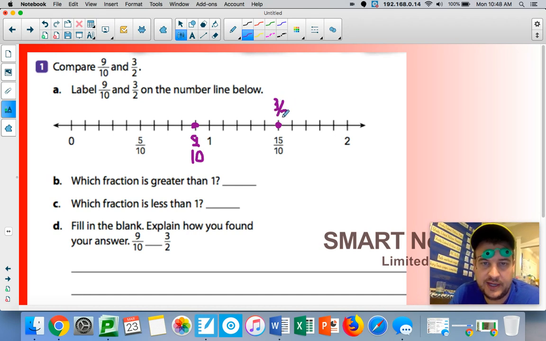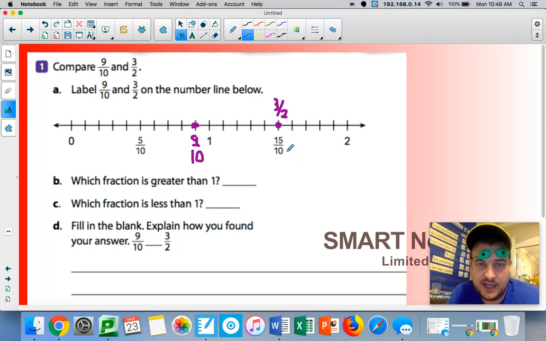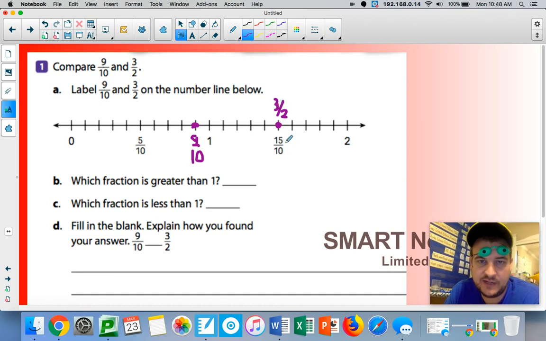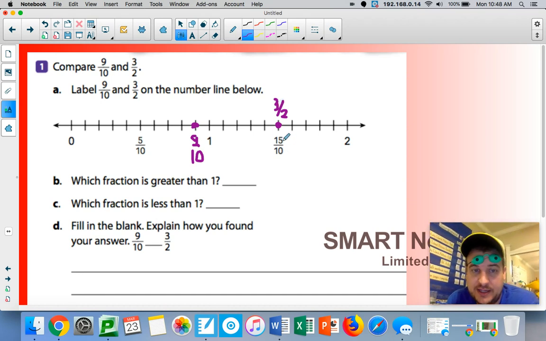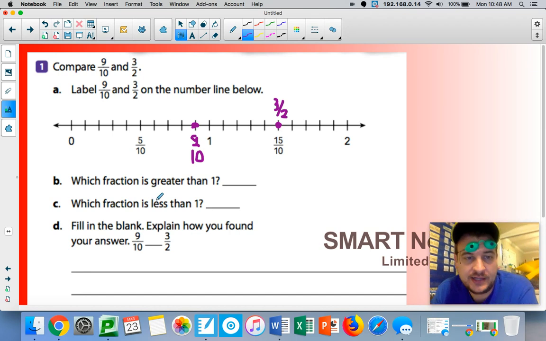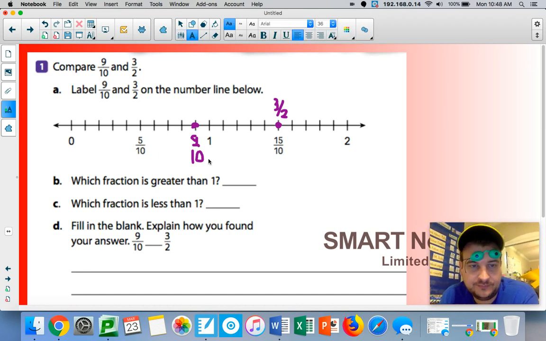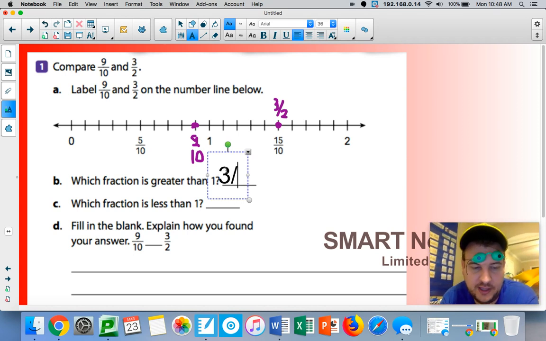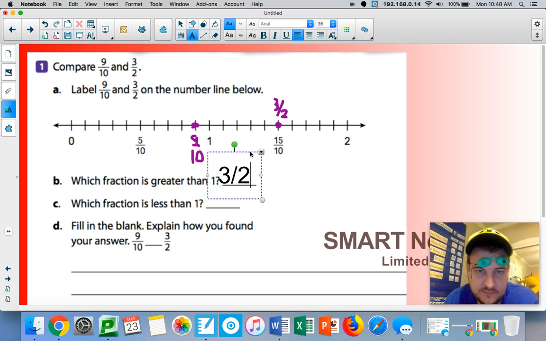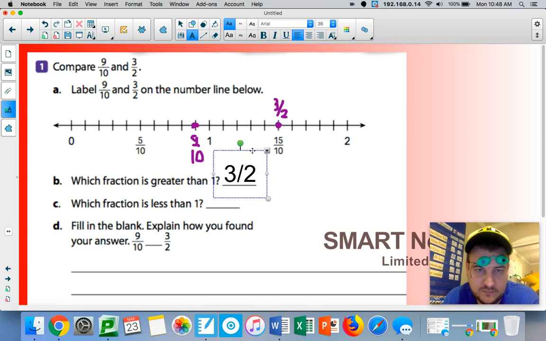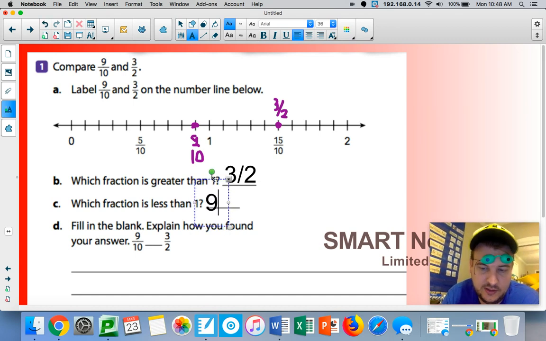I can prove that by multiplying the bottom and the top by the same number. 2 times 5 would equal 10. 3 times 5 would equal 15. So right here, which fraction is greater than 1? 3/2. Which fraction is less than 1? 9/10.